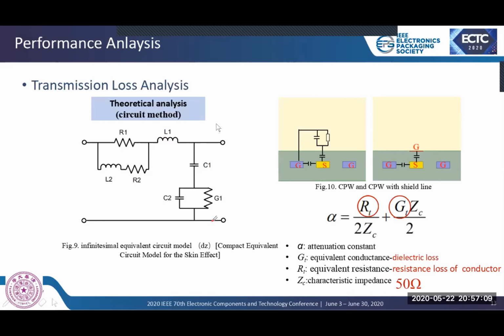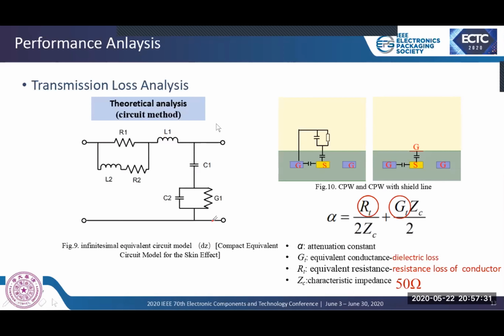Equivalent resistance is determined by the resistance loss of the conductor itself, and equivalent conductance is determined by the dielectric loss. ZC is characteristic impedance, which is designed as 50 ohm in our work.